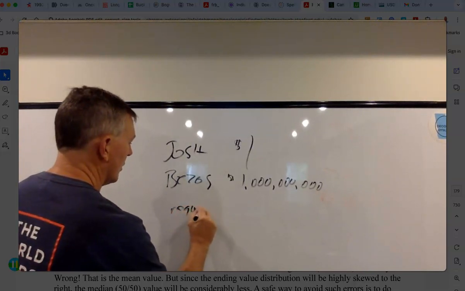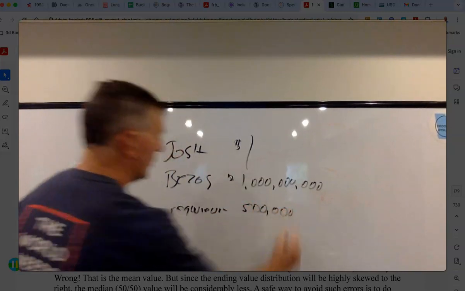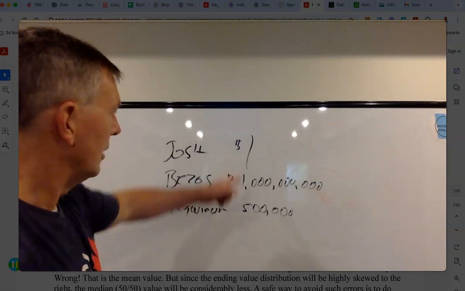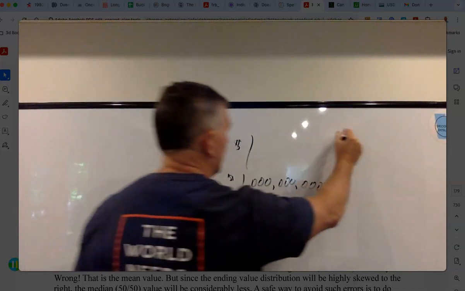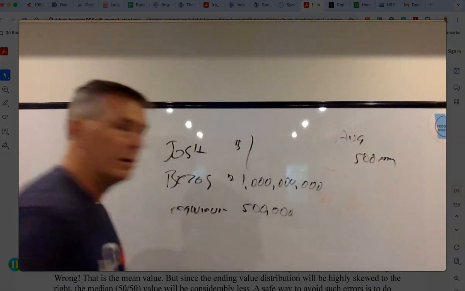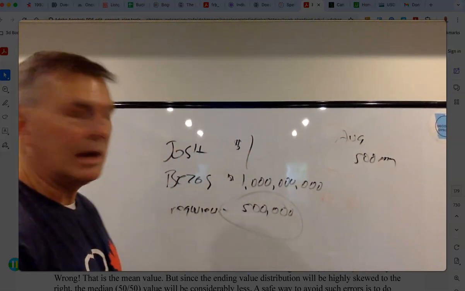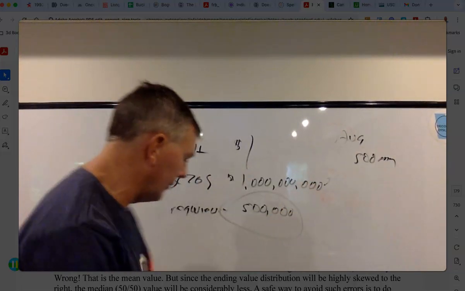Reg viewer, all right? 500,000 smackaroonies. So our average is, well, I can't figure that out, but it's 500 million basically. The average is 500 million net worth, but the median is 500,000. See how the averages skew everything towards the outlier? And that's where you just got to be careful.